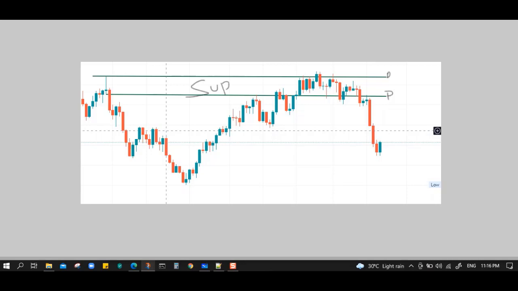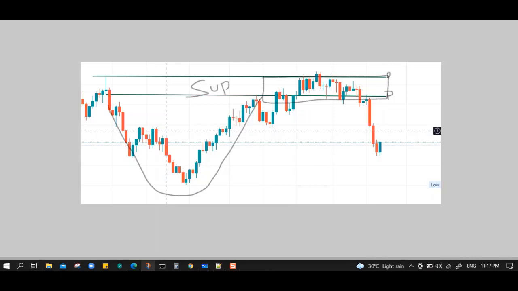It means we are drawing a proximal line which covers the lower shadow of this basing candle and the distal line at the upper shadow of the candle. So now this is your supply zone. Whenever the market tries to test this supply zone, you should be cautious at this range, at this zone.